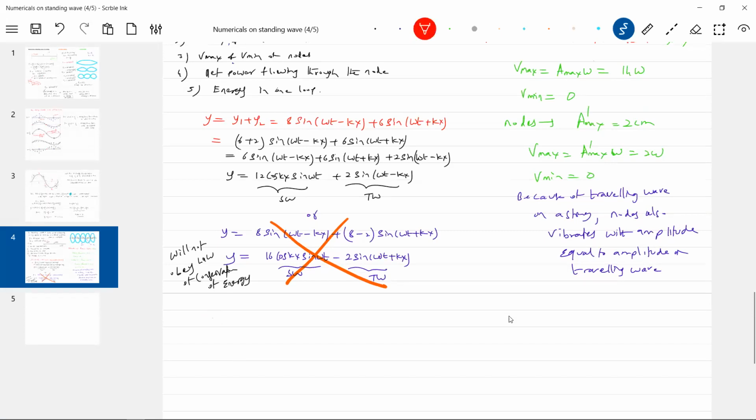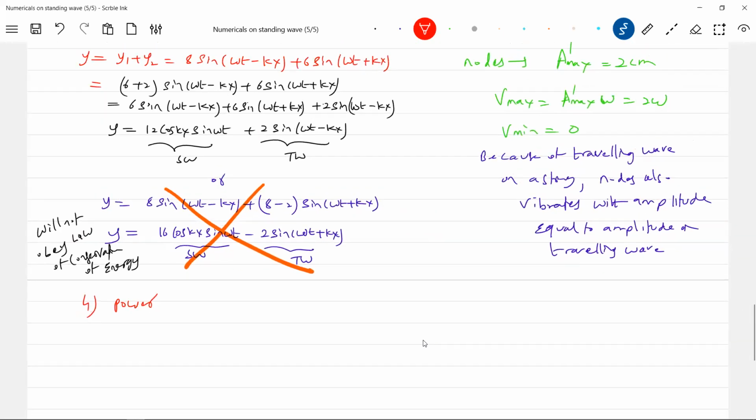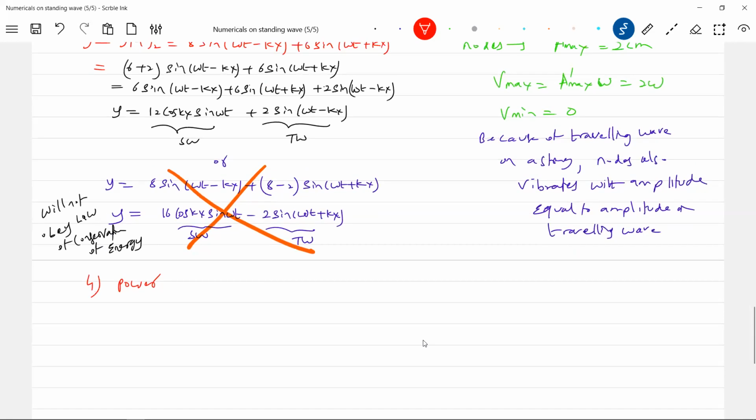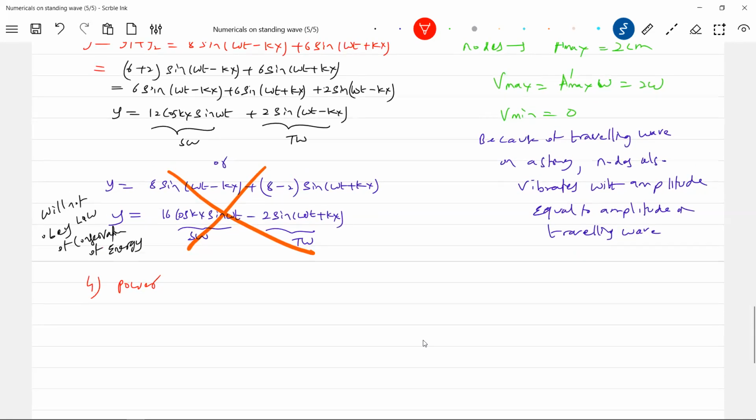Fourth one, I will keep it like this. It'll be easy for me to write. Power flowing through a node. How to calculate this power flowing through a node? What is the expression for power? We'll write mu omega square.